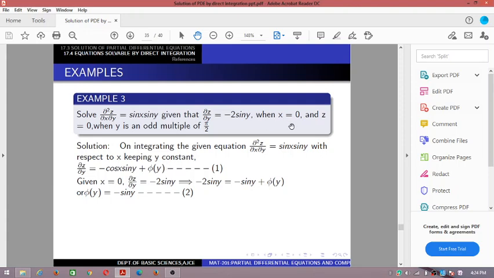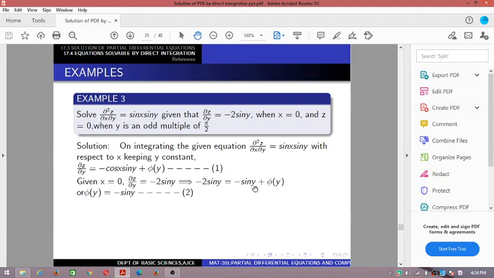And in the question it is given that when x = 0, the value of ∂z/∂y is -2 sin y. Hence -2 sin y = -cos 0 into sin y + φ(y). We know that cos 0 is 1, hence it reduces to -sin y + φ(y), from which we can have φ(y) = -sin y.